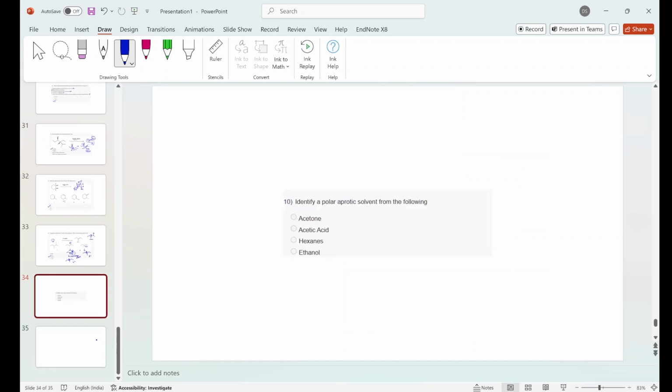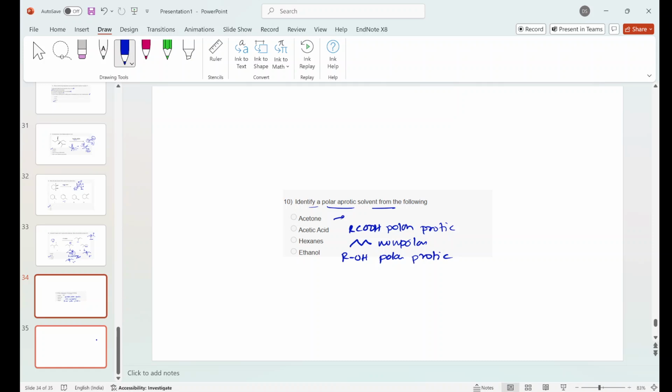Last question is identify a polar aprotic solvent from the following: acetic acid, R-COOH. It is protic. These are non-polar. Polar protic. Ethanol, OH, it is also polar protic.